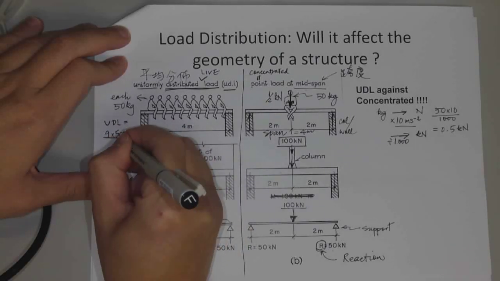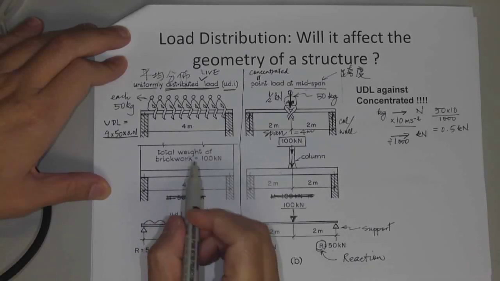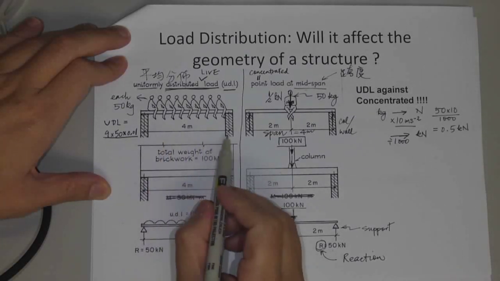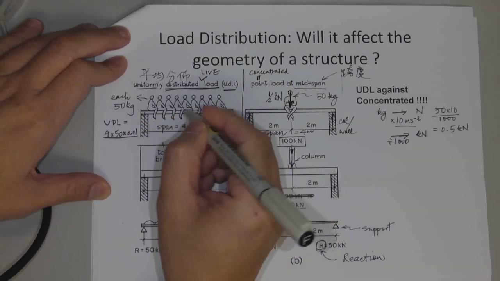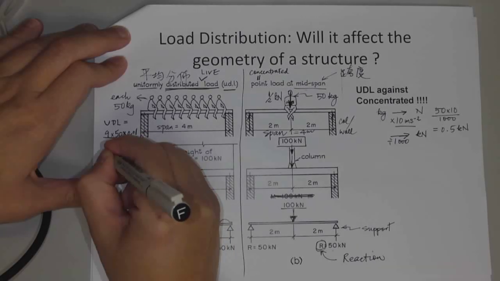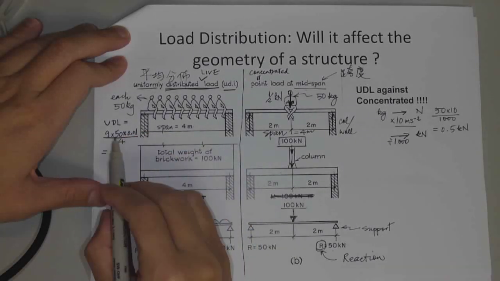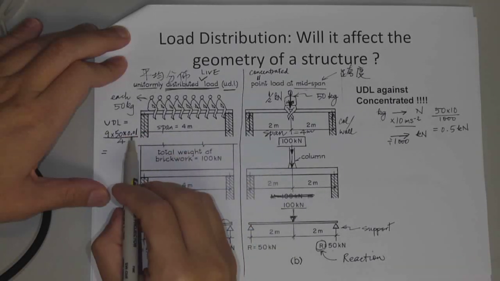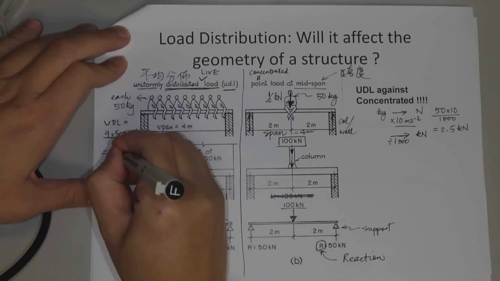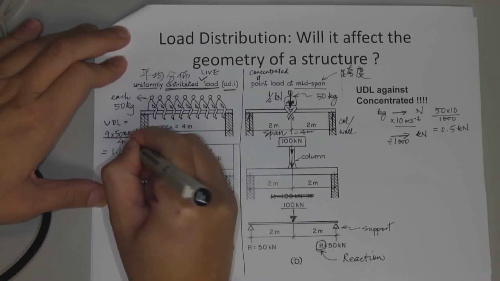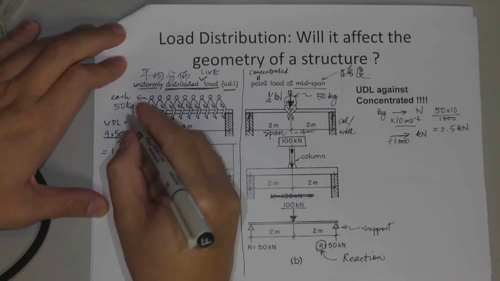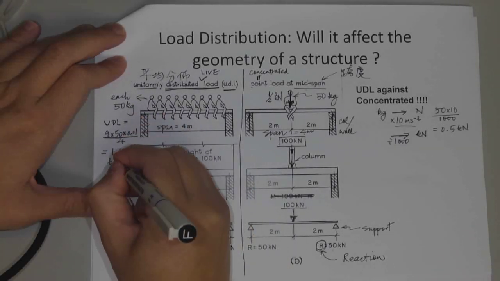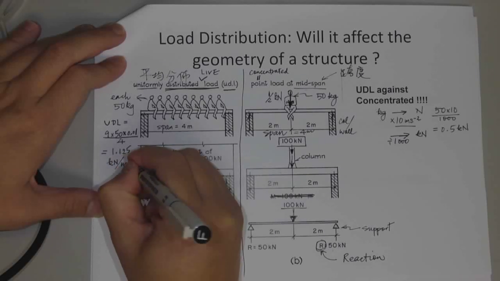And then I divide this by the length or the span of this beam, which is again 4 meters. Right, this is the span. So I divide it by 4. So that will give me 1.125, and the unit is the most important thing, that's kilonewton per meter.